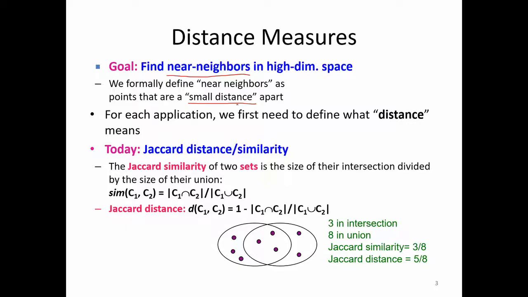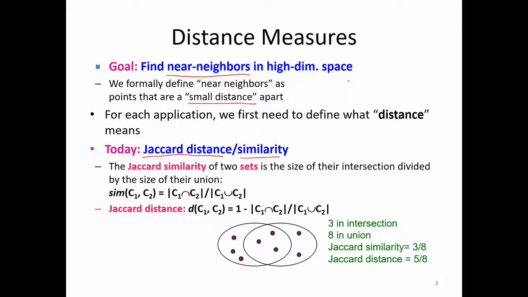But for many applications, one of the important distances is what is called the Jaccard distance or Jaccard similarity. This is especially useful if your points are like sparse vectors in high dimensional space.